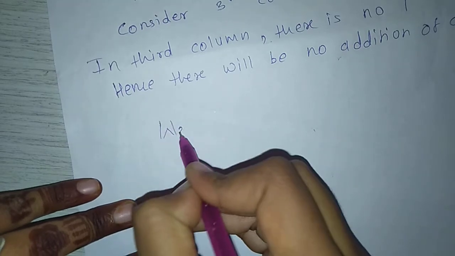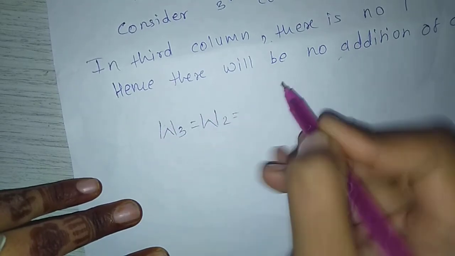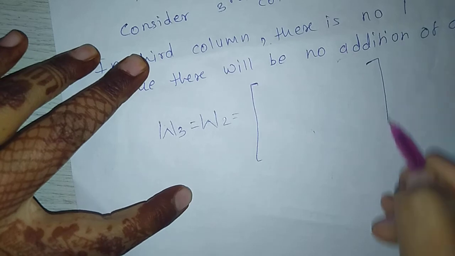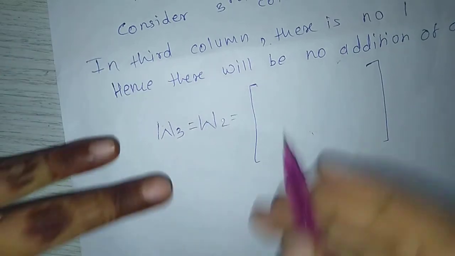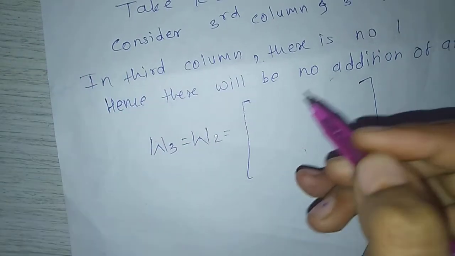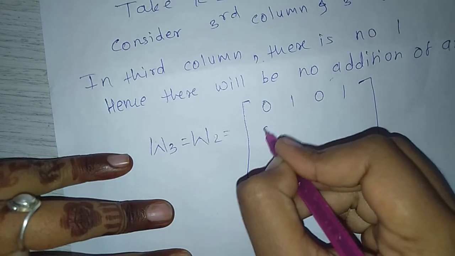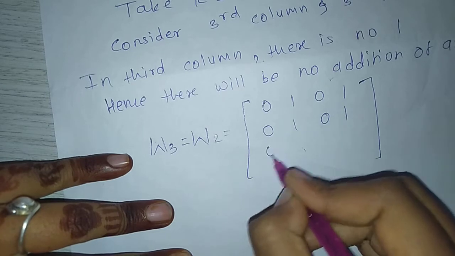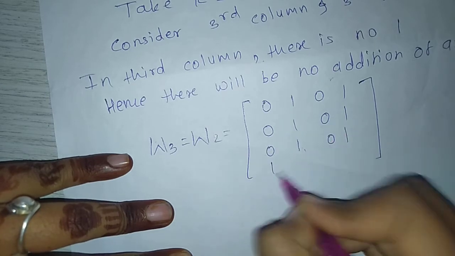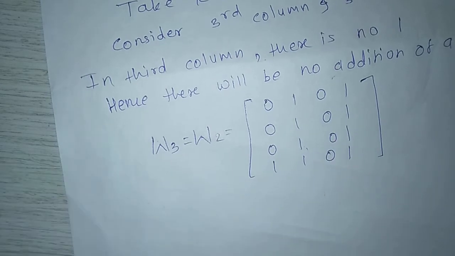So W3 equal to W2, because here we do not add any 1. So 0 1 0 1 0 1 0 1 0 1 0 1 1 1 0 1.